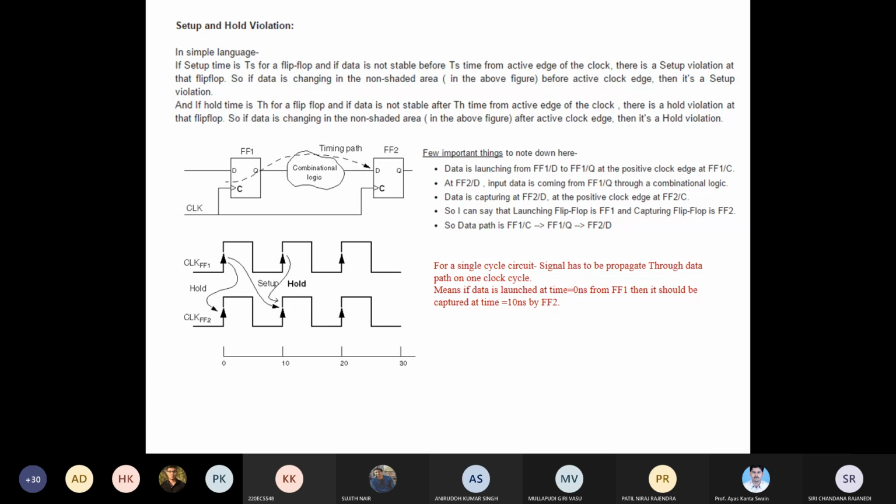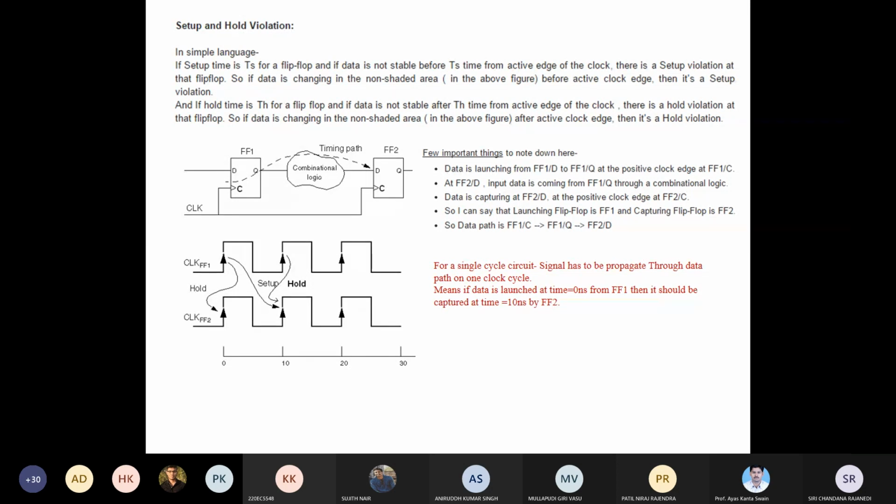That is our final output. Understood? So whatever data you sent at the input of FF1 will finally be captured at the output of FF2, and only then is one operation complete. That's why we say the launching flip-flop is FF1 and the capturing flip-flop is FF2.